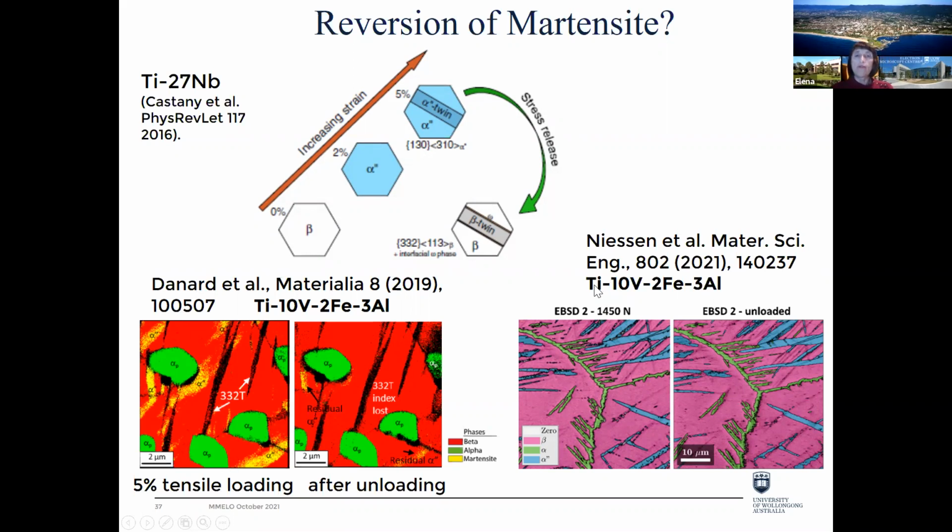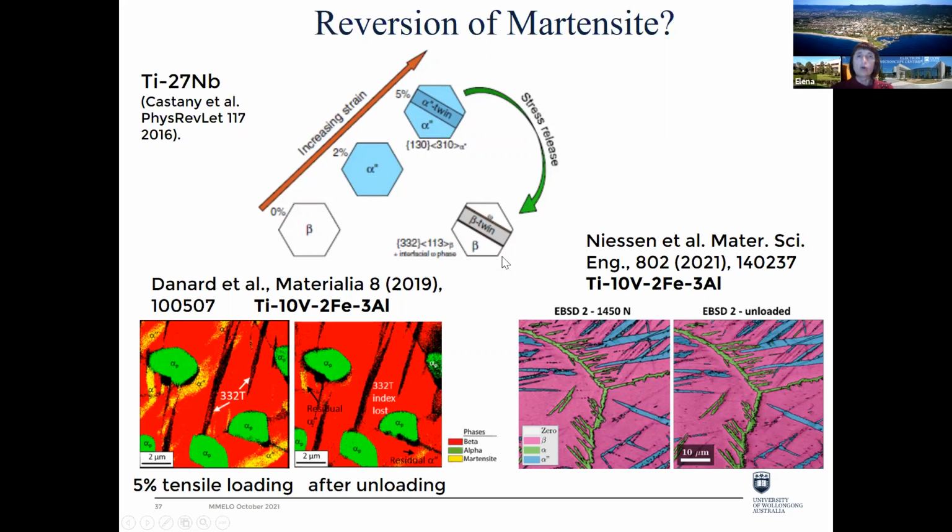In the case of our study on the similar alloy 10-3, we loaded to 1450 newtons, which exceeds 5% tensile loading. And on unloading, we didn't observe really any visible changes between loaded and unloaded condition for martensite.